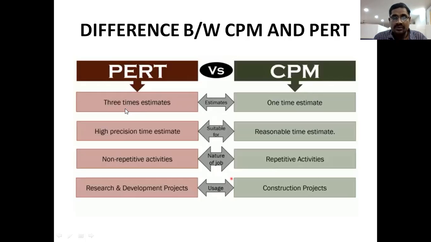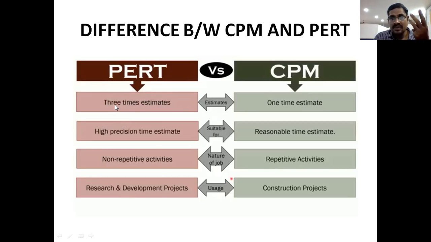So already we know the three timings of PET. What are they? Optimistic time, pessimistic time, most likely time. These are the three times, that is, normal time, pessimistic time, optimistic time. These are the three timings we need to estimate for each and every activity in this particular PET diagram, right?